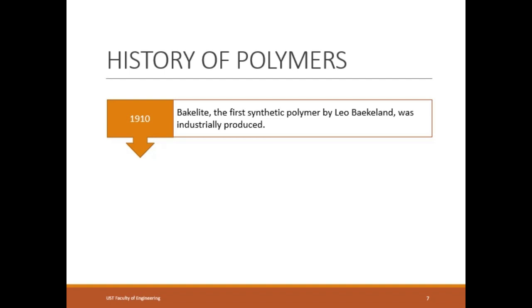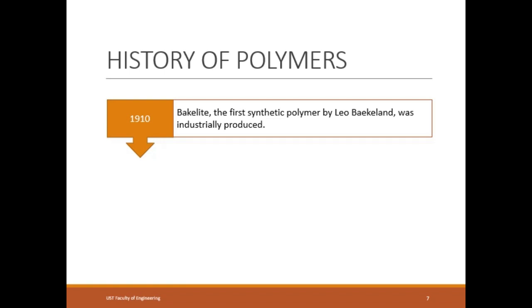Another advancement was made in 1910 by a chemist named Leo Baekeland. He was credited with producing the first completely synthetic or man-made polymer called bakelite. This material found a lot of applications in things like kitchenwares and jewelries. And again, these were driven by the limitations of conventional materials.